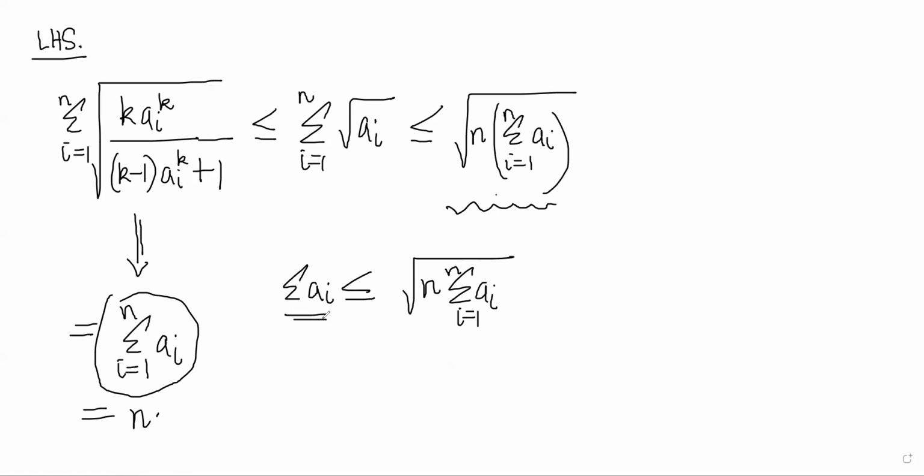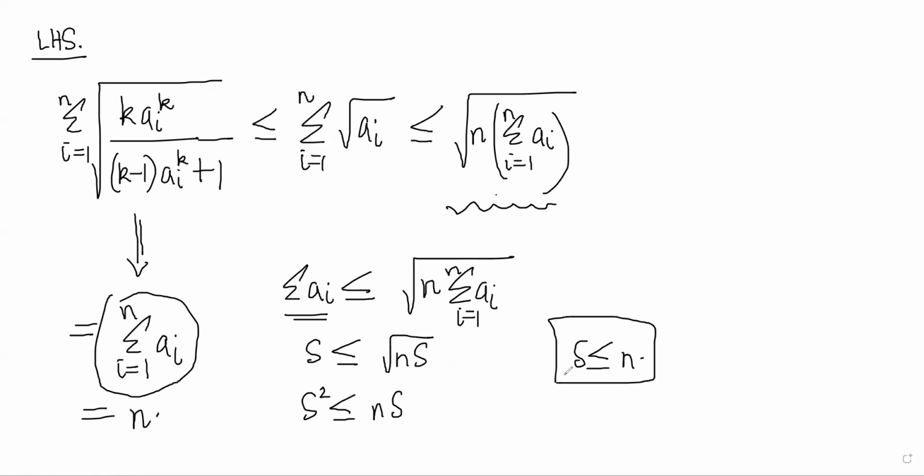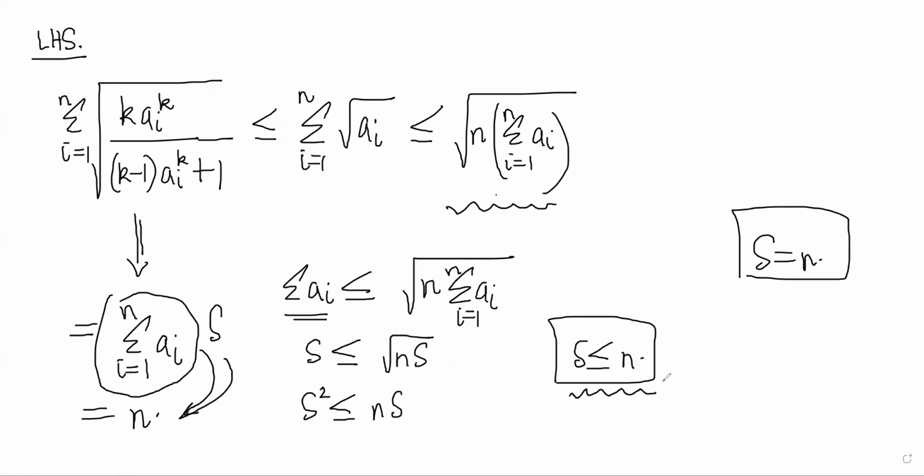So if you call this S, you are getting S is less than or equal to root over nS. So you're getting S square is less than or equal to nS, and you're getting S is less than or equal to n, right? But the third part of it also says that S is equal to n. Here, this is S and S is equal to n. And here we are getting S is less than or equal to n.